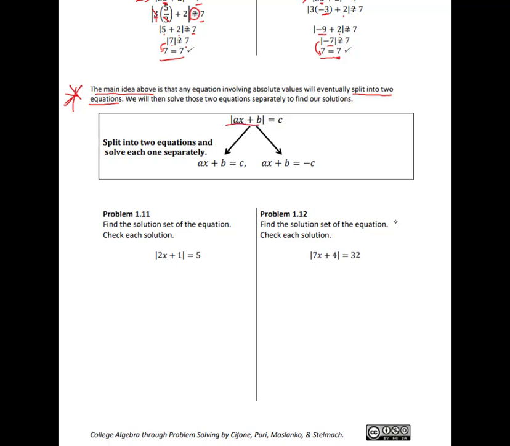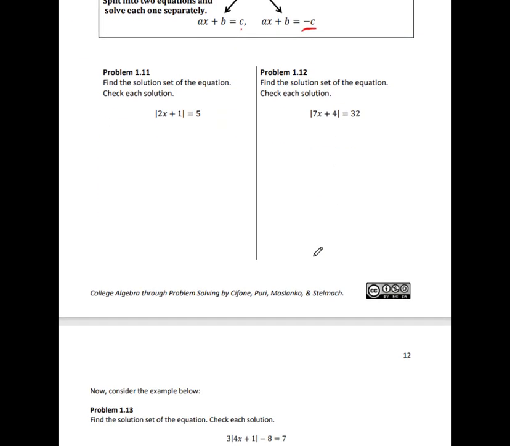Now, the absolute value has to be isolated. There's nothing in front of the absolute value, there's nothing behind it, just an equal sign. Once you get it in that format, then you split it into 2 cases. The first one is ax plus b equals c, and the second one is ax plus b equals a negative c. Okay, so based on that, let's work on these problems here.